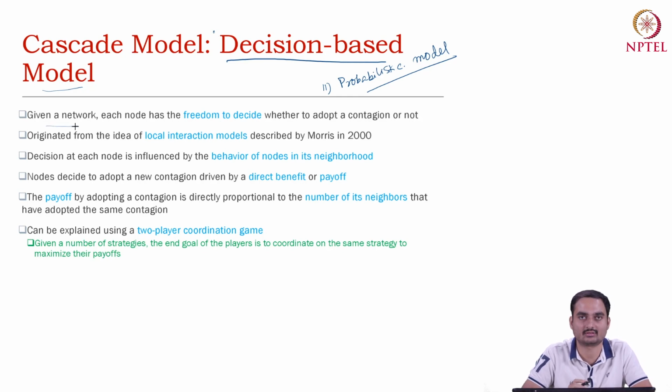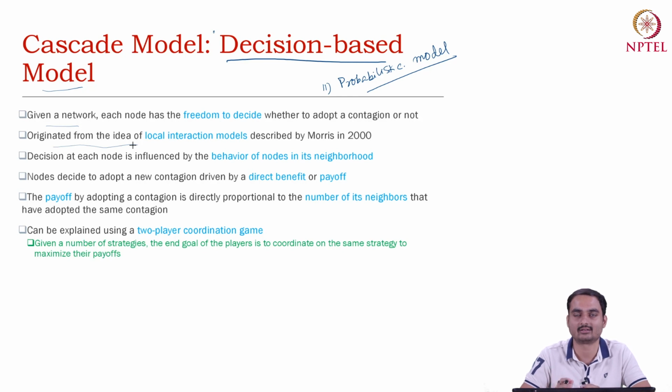So let's look at the process. Given a network, each node has the freedom to decide whether to adopt a particular contagion or not, right? Remember, the contagion can be a product, an opinion, an individual, a decision, and so on. It originated from the idea of local interaction models, which basically depends on how you interact.